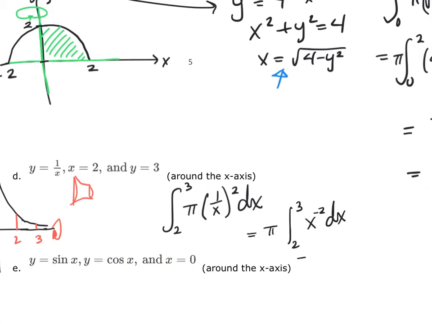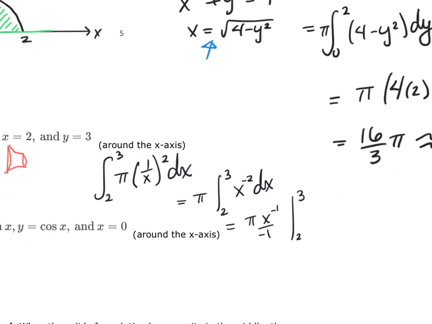Now I'm going to just do my regular integration. I'm going to get pi times x raised to the negative 1 divided by negative 1, adding a power and dividing by that, evaluated between 2 and 3. So this is going to be equal to pi, I'm just going to leave that out there, times negative 1/3 minus a negative 1/2. So my final answer is going to be pi over 6.